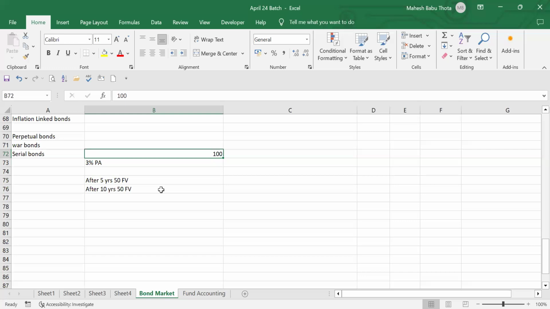But again, there would be different scenarios like callable bonds and puttable bonds, so we will discuss those as well. If any issuer is going with callable bonds or puttable bonds, they have an option to pay back before the maturity date also. As issuer of the company, I'll have a right to pay back the entire amount.